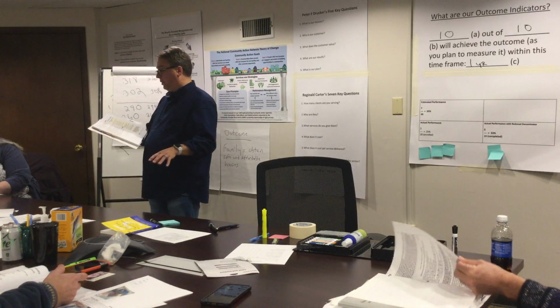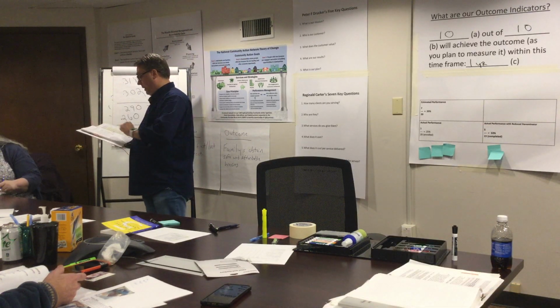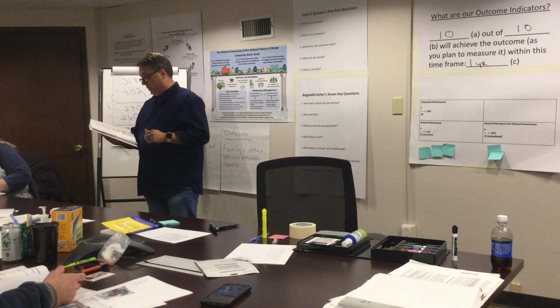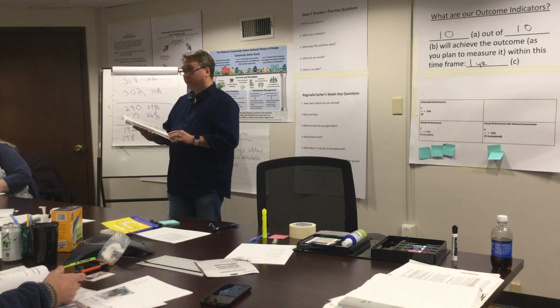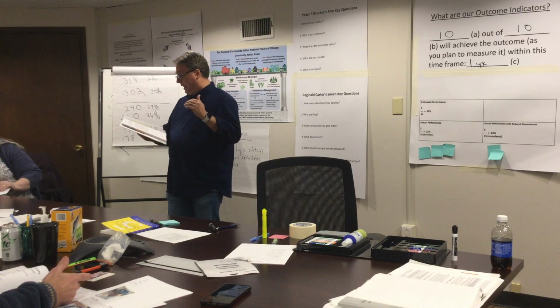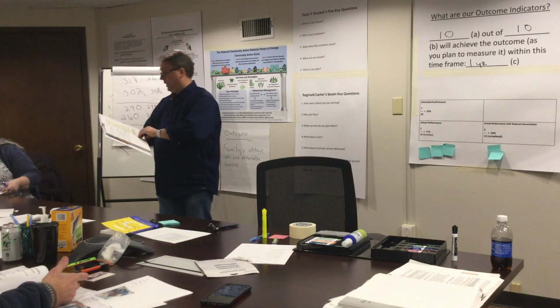Once you identify the outcome, we need to establish our indicators and performance rate to be able to evaluate our performance. We have to be realistic when projecting the number of clients who are expected to achieve the outcome. Use real numbers for the target if you're known and can be estimated with reasonable accuracy.